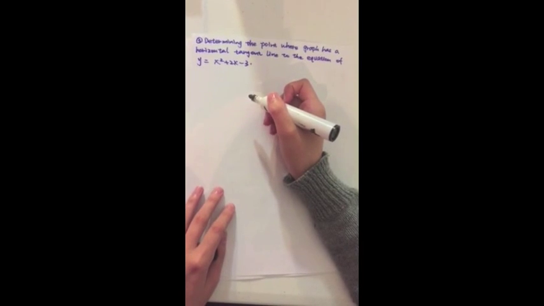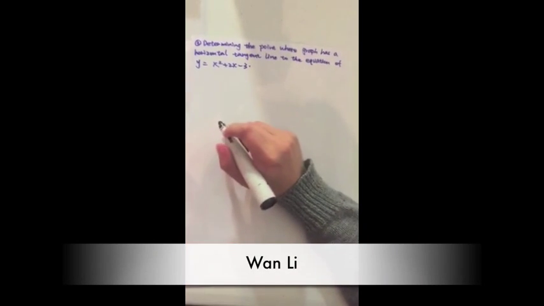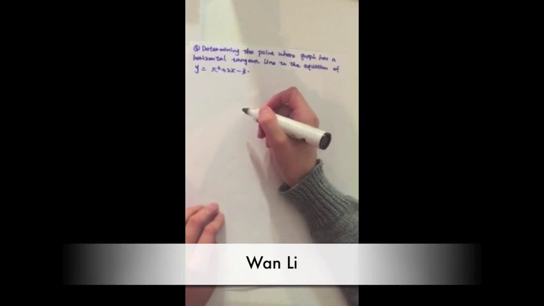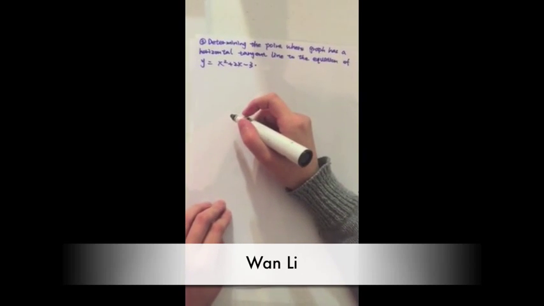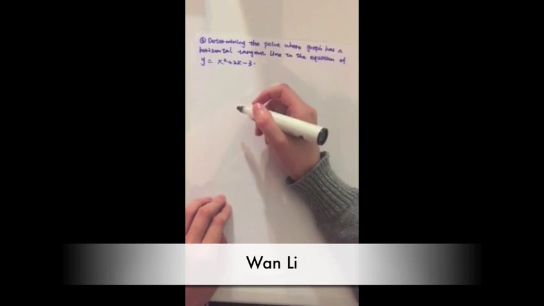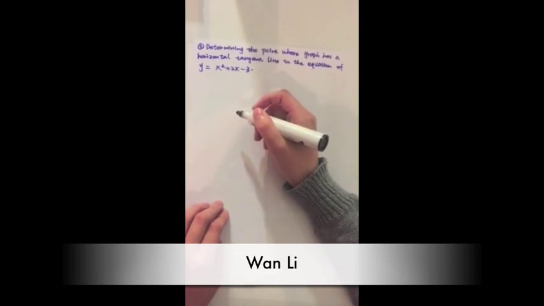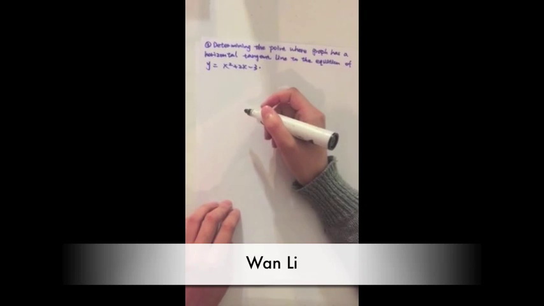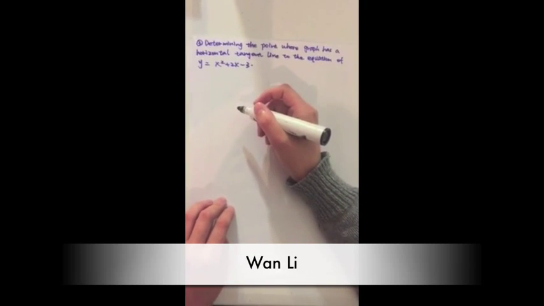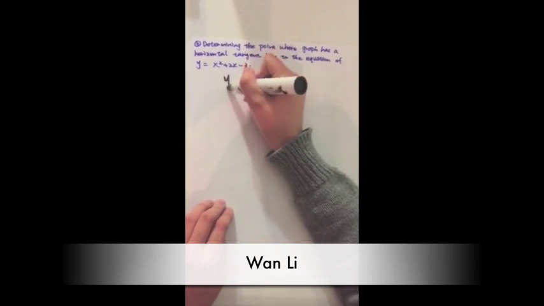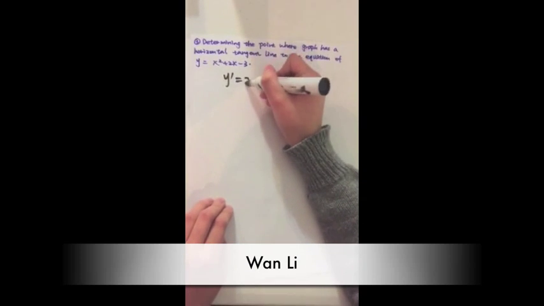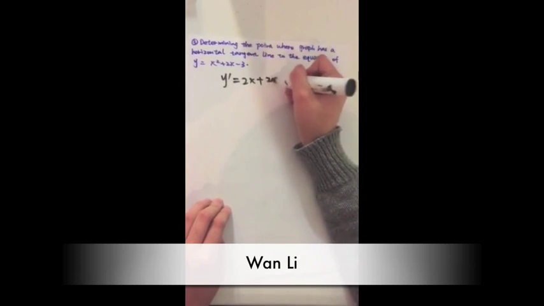Here is the example of determining the point where the graph has a horizontal tangent line, for the equation y equals x squared plus 2x minus 3. First, we need to find the first derivative of the equation. y dash equals 2x plus 2.